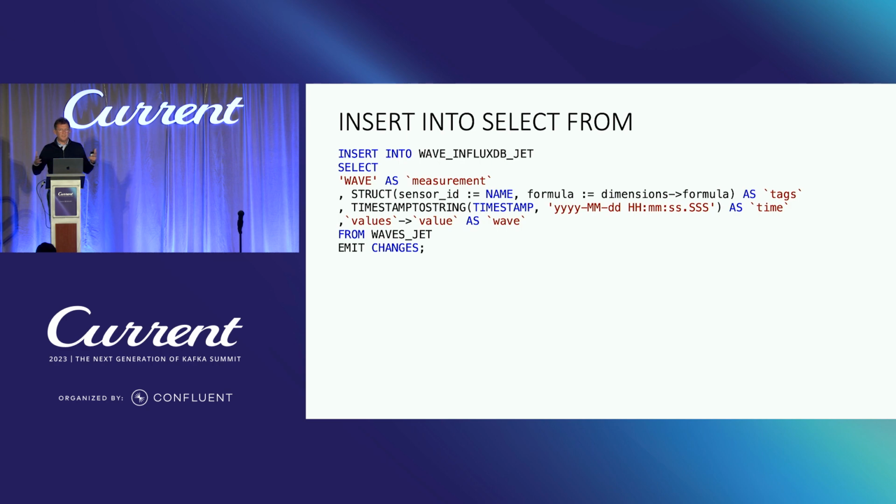When you have multiple streams and you want to mix them into one output stream, you create several persistent queries, insert into our destination from select from each of our source streams. And at this point, we do the transformation of the message.